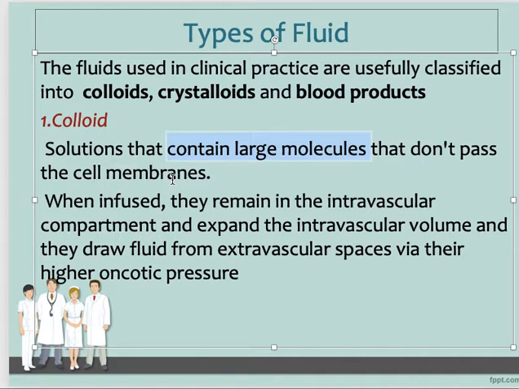When they start losing blood, there will be less volume of blood in the intravascular space, so the blood pressure will go down, the pulse rate will increase, and the perfusion to different parts of the body will be reduced. Especially what we are concerned with is the perfusion to the heart, the brain, and the kidneys.